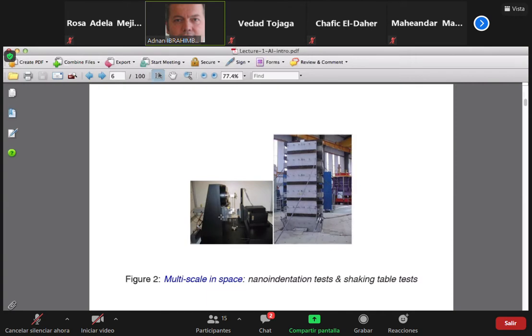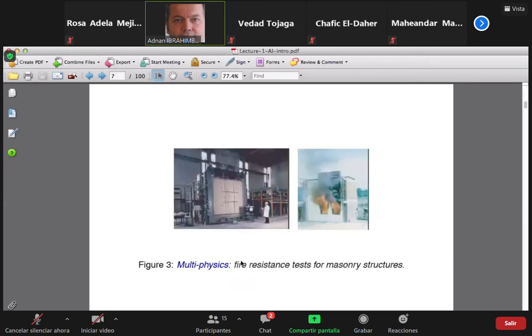This is even more like a small scale. This is the so-called nano indentation test, where you have a composite material you put in a machine, and then you're looking into the fracture toughness. That is, you're driving the needle inside this material, and then deciding the property of the structure. So this is definitely when you have a very small scale type of behavior, you want to understand what's going to happen with the large structure. Then this is the multi-physics case, when you have fire resistance in masonry.